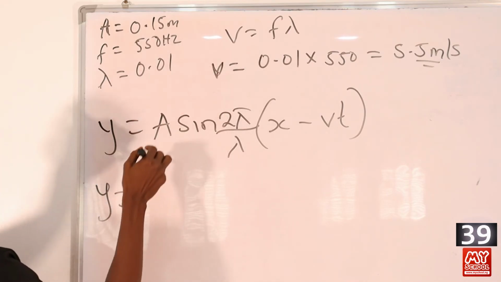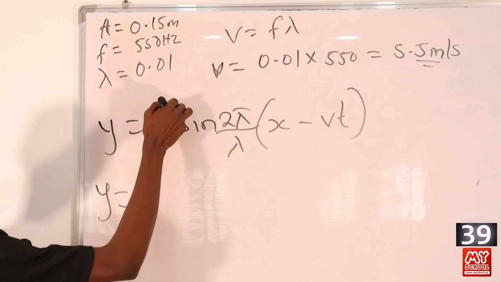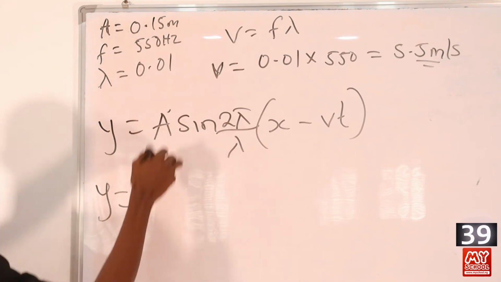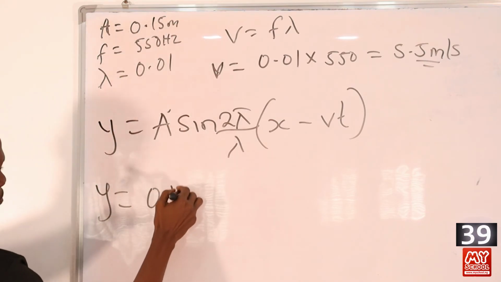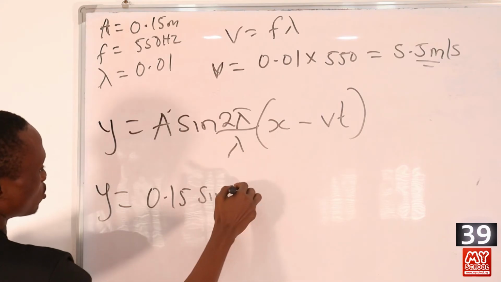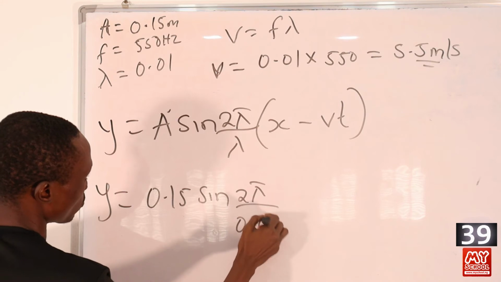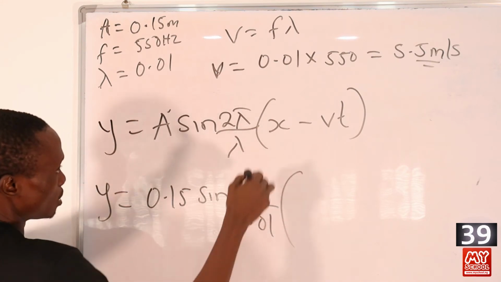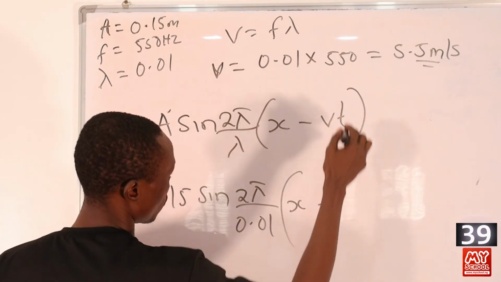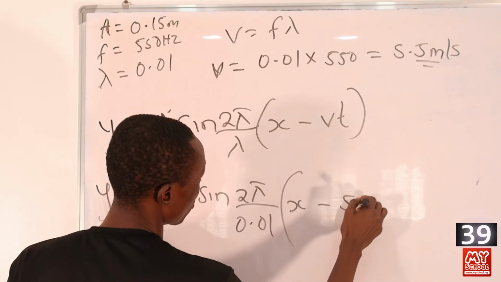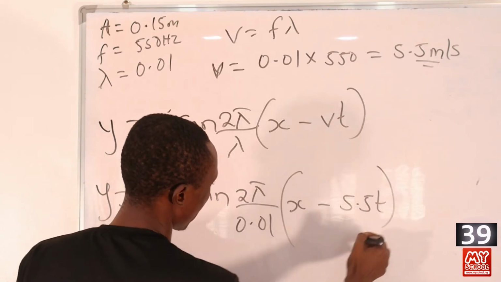So y is equal to, now remember A stands for our amplitude, and amplitude is equal to 0.15. So we write 0.15 here. Then sine, this is 2 pi divided by lambda, which is 0.01, our wavelength. Then x minus the value of v, which is 5.5t, right?